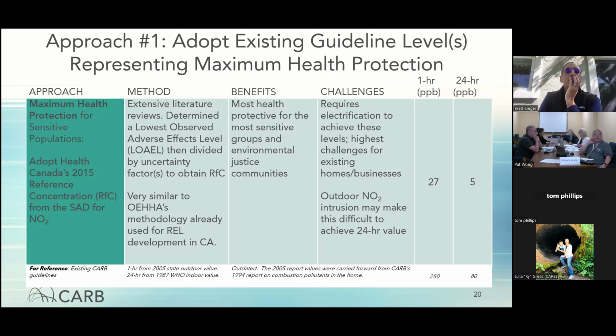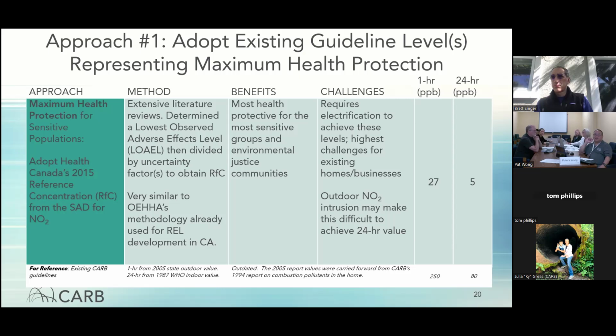For approach number one, the benefit is this is very health protective. When Health Canada did their scientific assessment, they essentially looked at all the studies, and this is the level below which you would not expect health effects, and then they added uncertainty factors to account for individual variability. So that's definitely the biggest benefit.